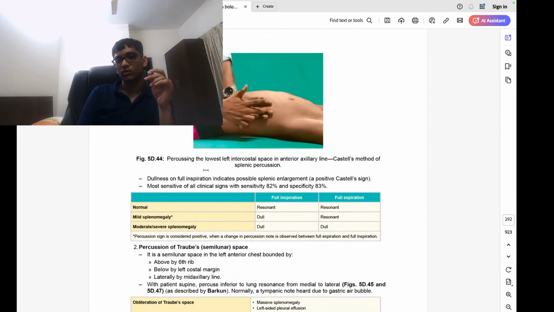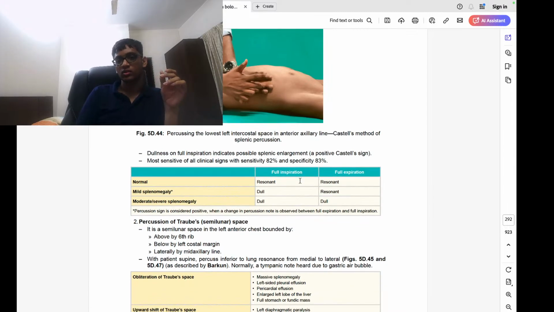You have to percuss the lower left intercostal space in the anterior axillary line. In Castell's method of percussion, dullness on full inspiration indicates possible splenic enlargement.